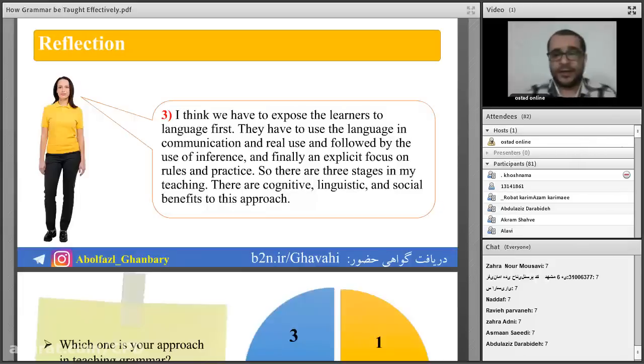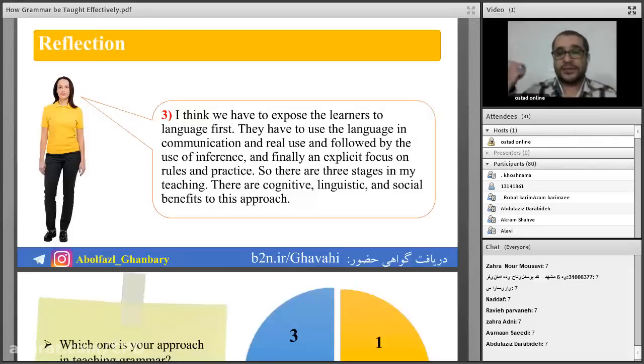But here in the third one, we mix these two approaches together. From the first approach, we use talking about the rules, and from the second approach, we get exposing the learners with lots of examples. But we have some changes in the third approach regarding using the first approach.